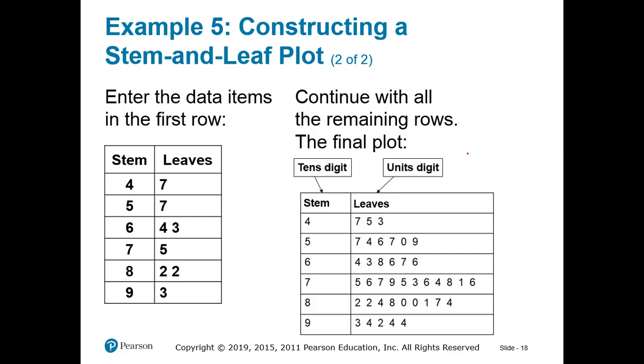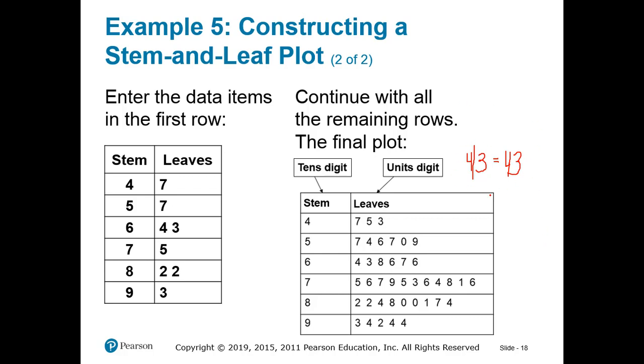It'll say 4, and then a vertical line, 3, equals 43.